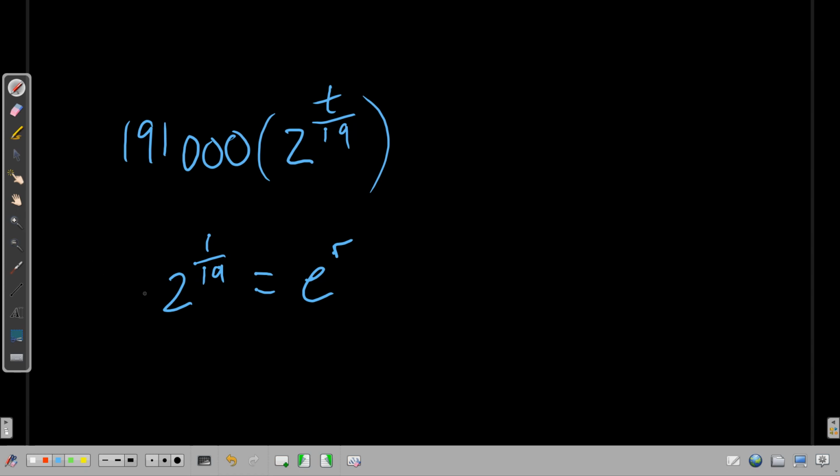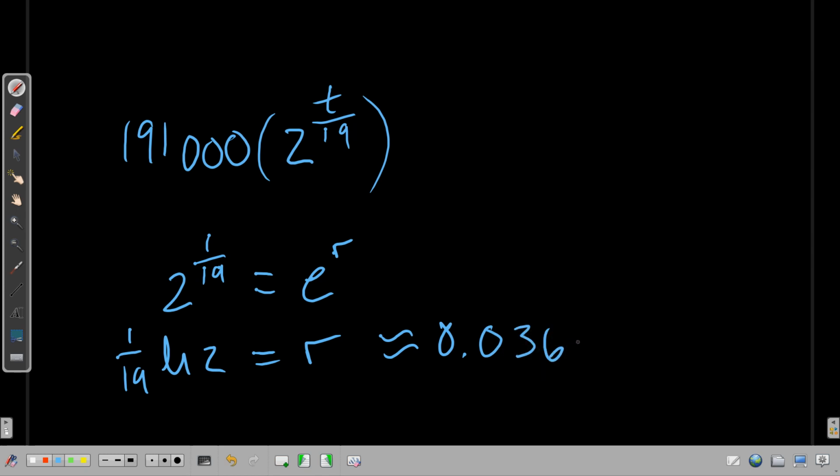How about we do a log base 2? Or excuse me, a natural log on both sides. Then 1 over 19 natural log of 2 to 4 decimal places is 0.0365 when you round it.